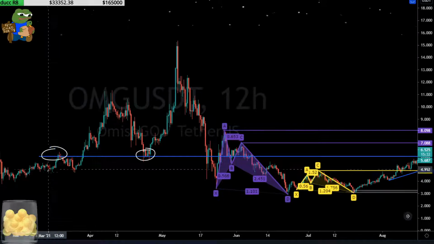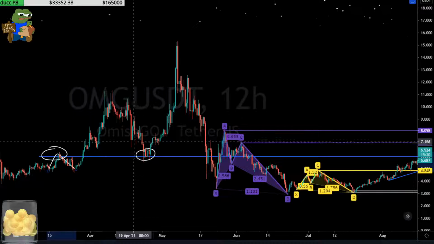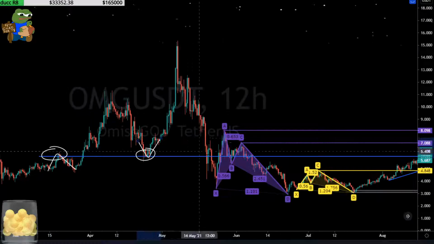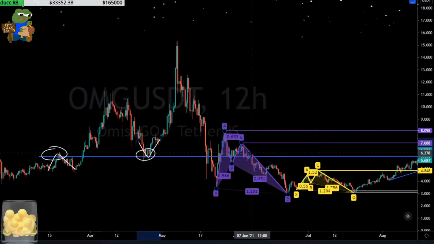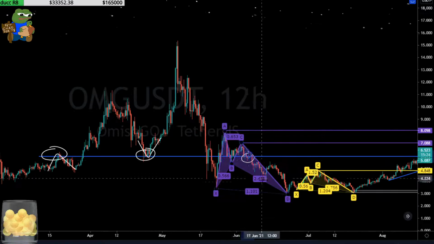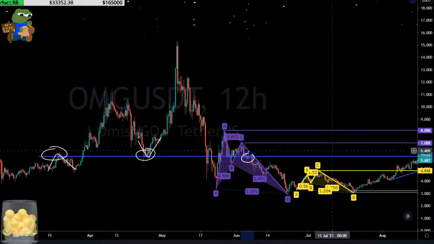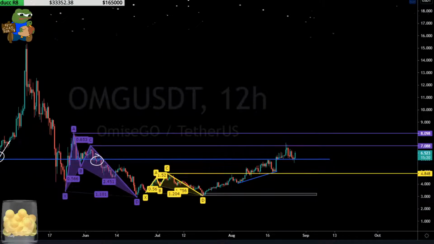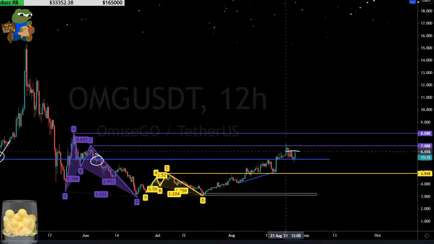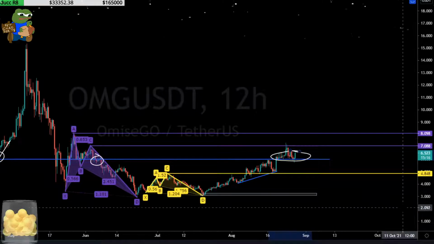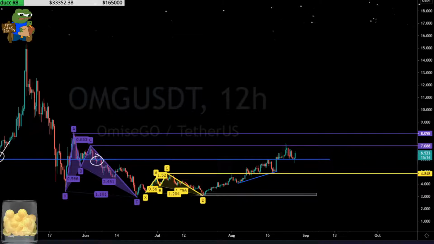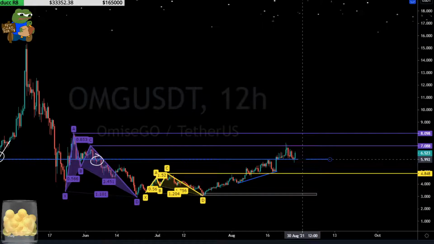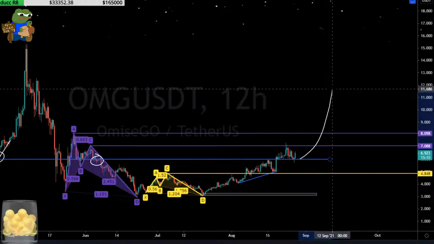What was once resistance became support, resistance again right here, and we've now flipped that area again into support. So ideally, we should see a pretty good run off of this level.